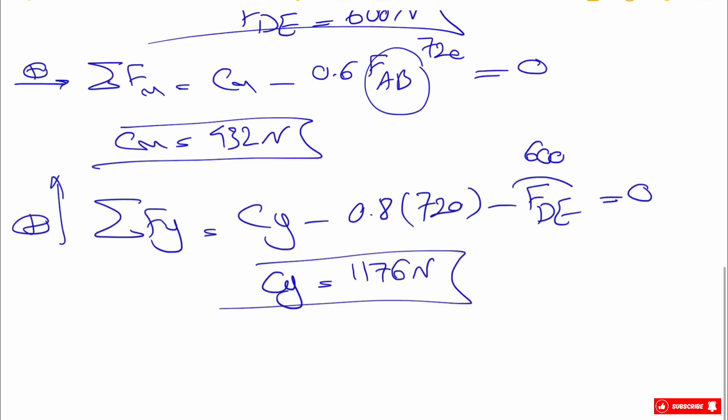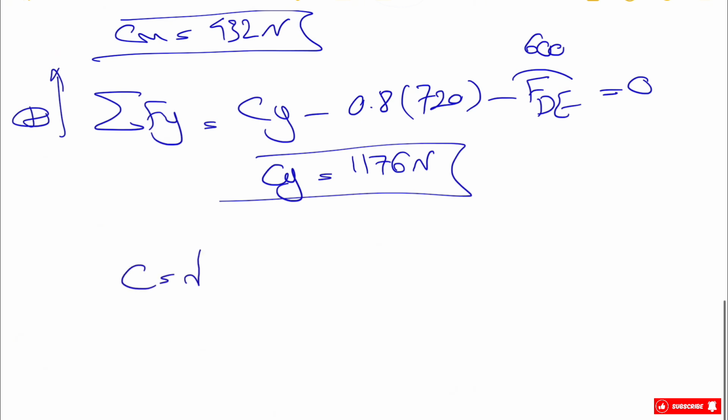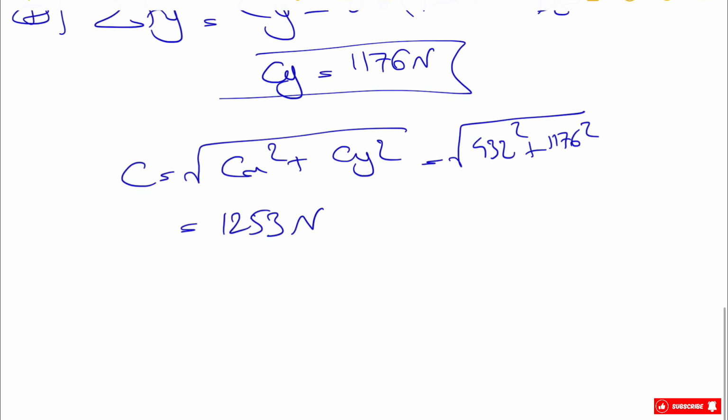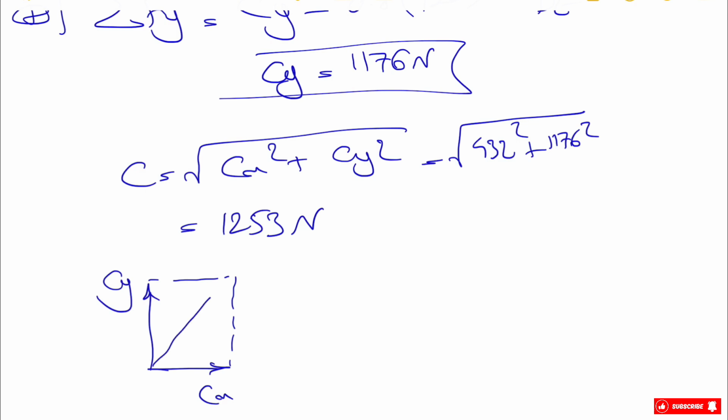If we want to find the magnitude of the reaction, we have the square root of Cx squared plus Cy squared. So we have 432 squared plus 1176 squared, and this will give us 1253 Newton. We did not get any negative sign for Cx and Cy, which shows our assumption at the beginning was correct.